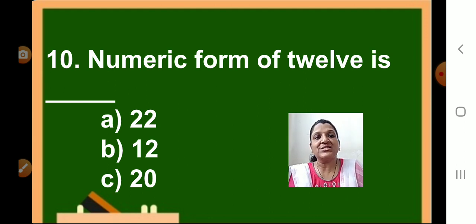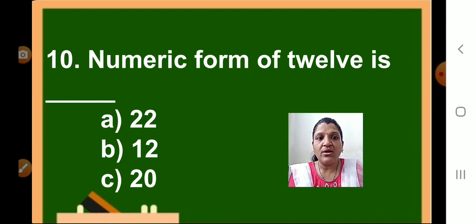Numeric form means we have to write the number. It's a number which we have to find out for the given number name. What is the number name given in the question? Yes, TWELVE 12.